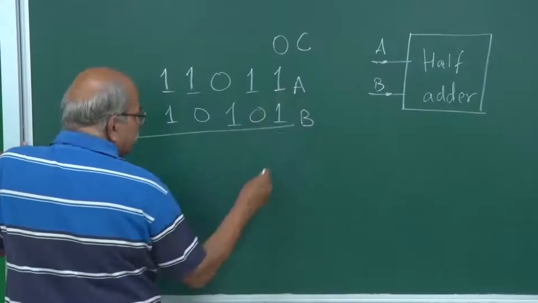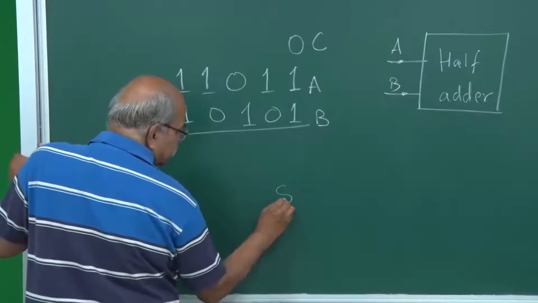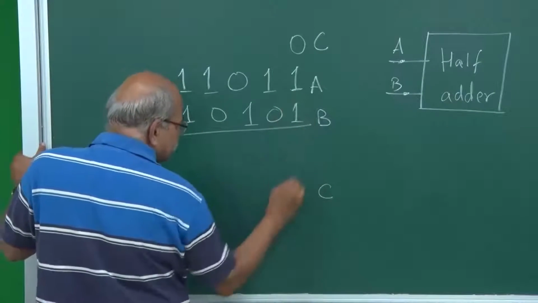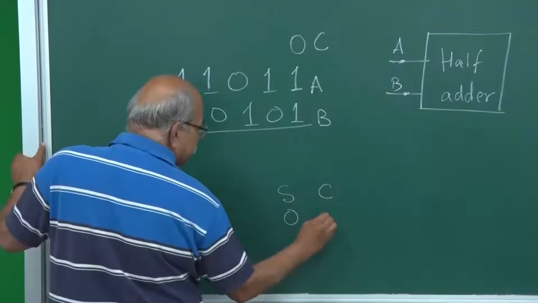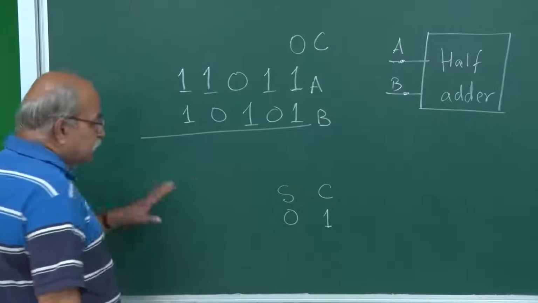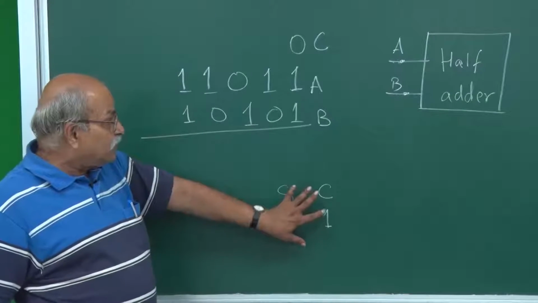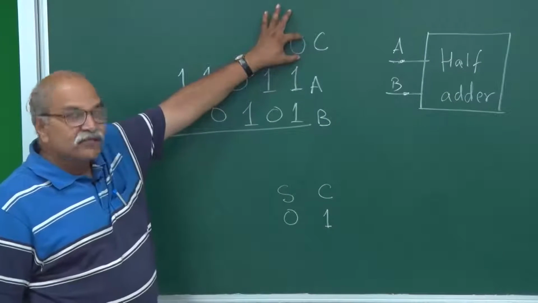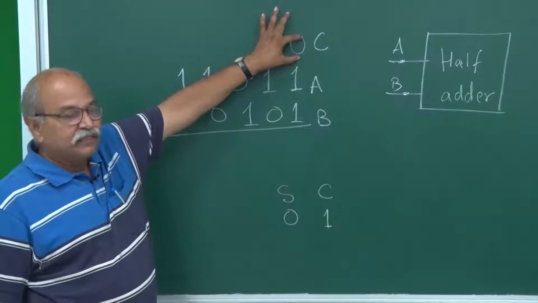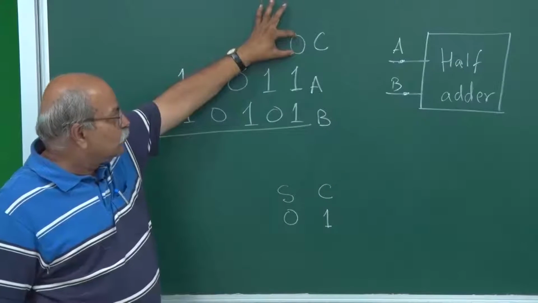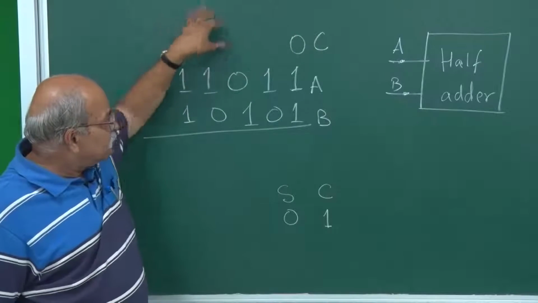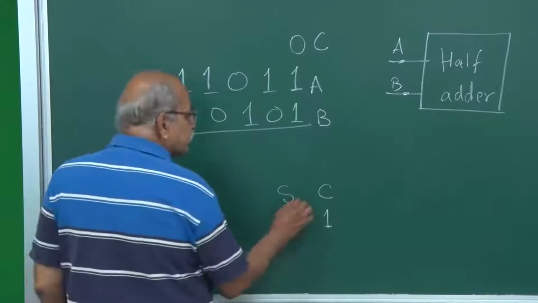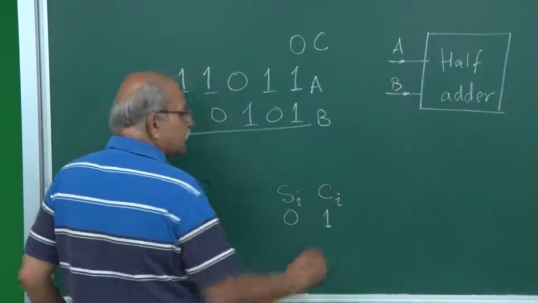When I do this, I get, this is my first half adder, remember, a sum which will be 0 and a carry which will be 1. But this is intermediate, this is not the final carry and final sum, because I have not taken care of this carry here. In this particular situation it is 0, it will not affect, but later on it will affect. So, this is only an intermediate sum and intermediate carry. So, let me write it SI and CI.